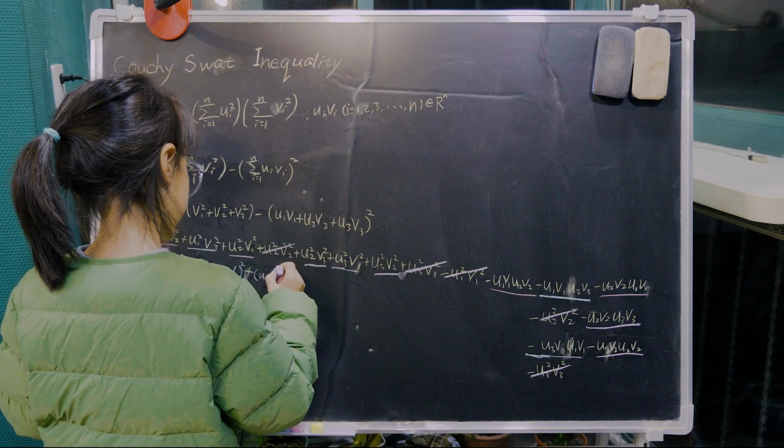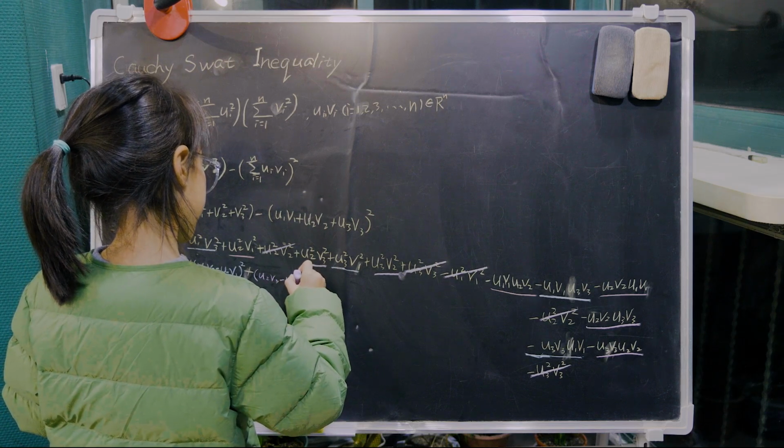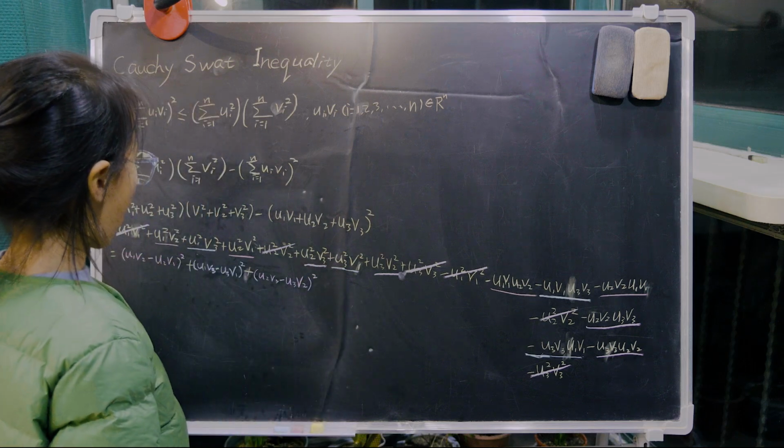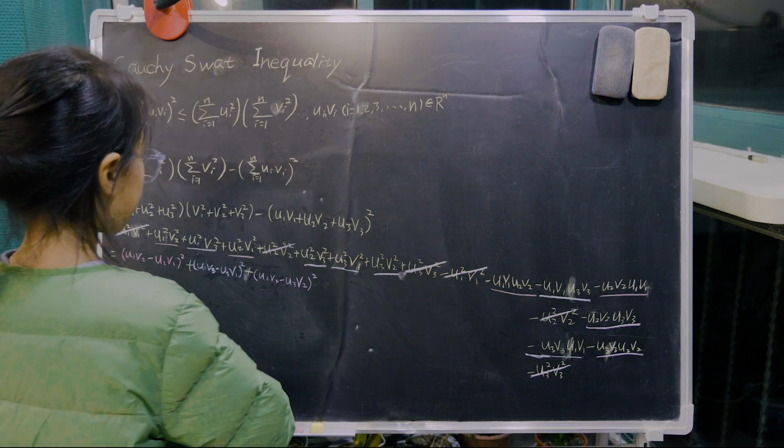U2 V3 minus U3 V2 bracket squared. And now we have it. So actually you can explain using sigma.